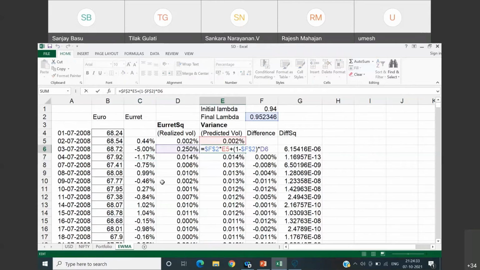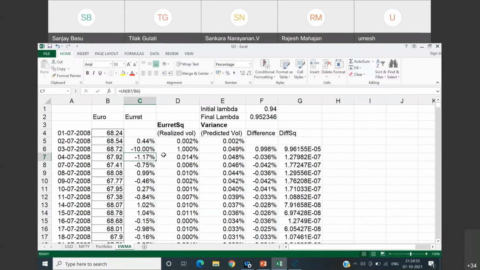So the bigger the shock, the bigger the recent shock, so suppose the market fell by 10%, 15%, as happens during a large devaluation. The Thai baht crashed by 25% on a single day.